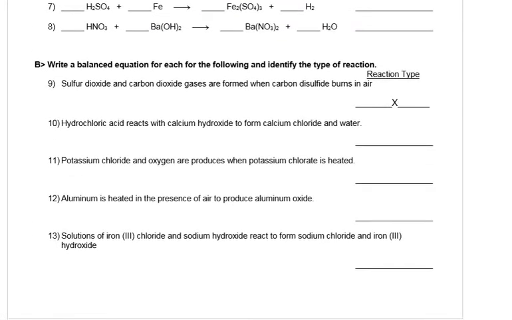The second thing you're going to have to do is take a word equation and take it to a formula equation and then balance it. So this is a great example problem. You will not have to put the states of matter with the formula. So don't worry about whether or not it's a solid, liquid, gas, aqueous.